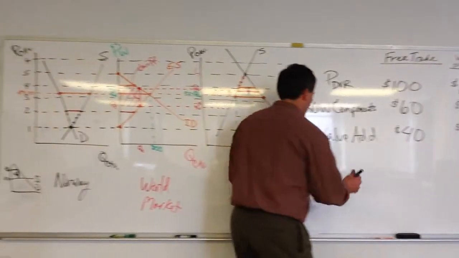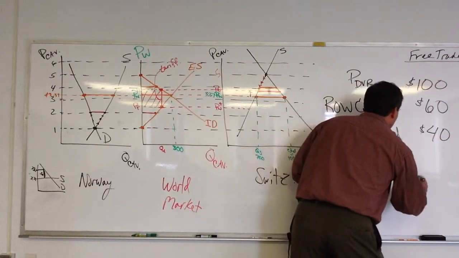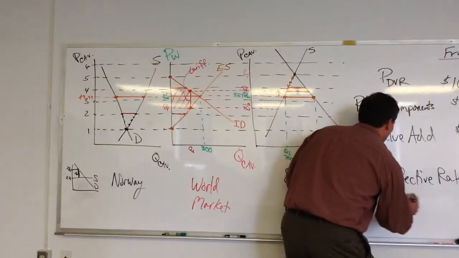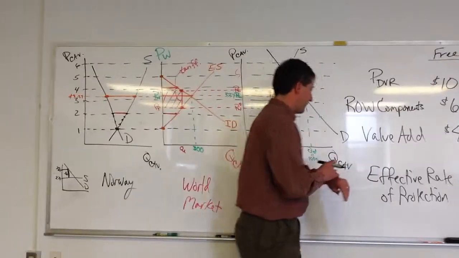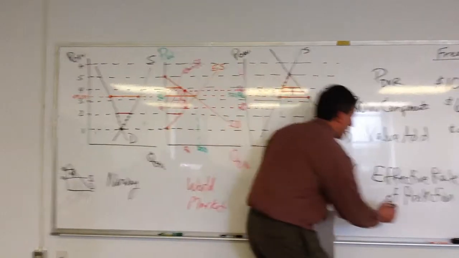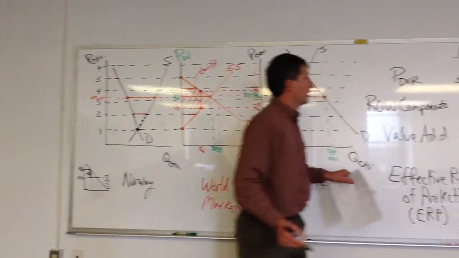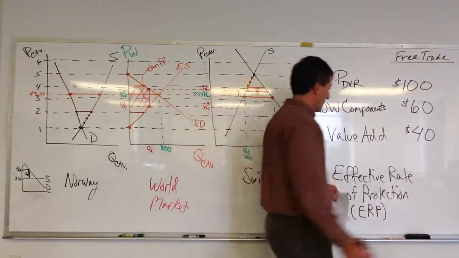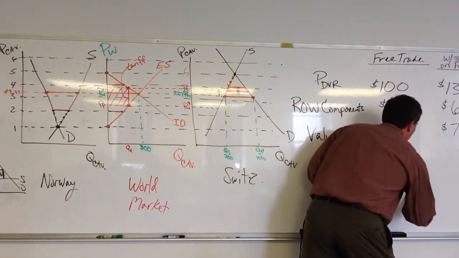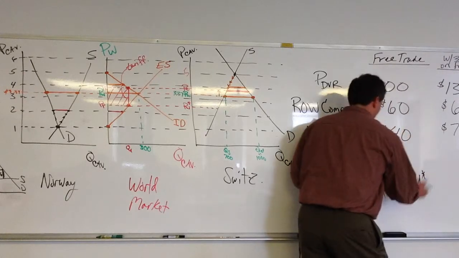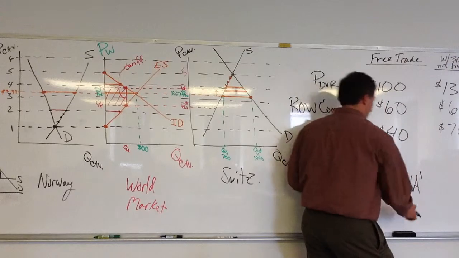So what if we calculate the effective rate of protection, the ERP? And the ERP is going to be equal to the value added, the new value added, let me put a 1 here, maybe I'll put a 2.